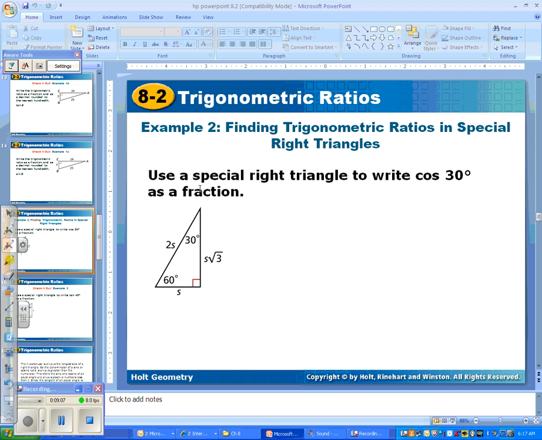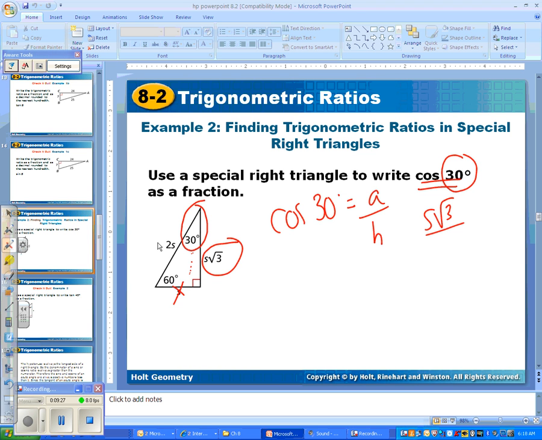So really quickly, use a special right triangle to write cosine of 30 degrees as a fraction. Again, this is just letting you know which angle to refer to. So we're looking at this one, and we know that cosine stands for adjacent over hypotenuse. So the side adjacent, not opposite, would be s radical 3 over the hypotenuse, which is 2s.